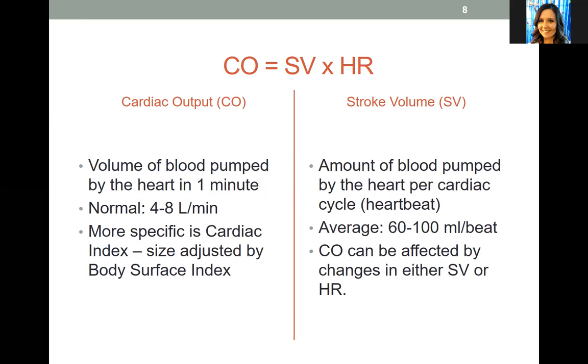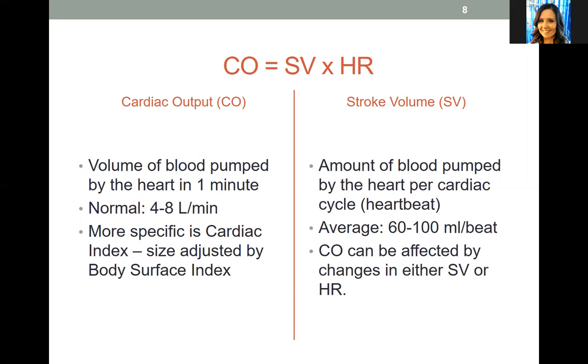Stroke volume is directly affected by preload, afterload, and contractility. Average normal is about 60 to 100 milliliters per beat. So with every beat of the heart, 60 to 100 milliliters is being ejected out.